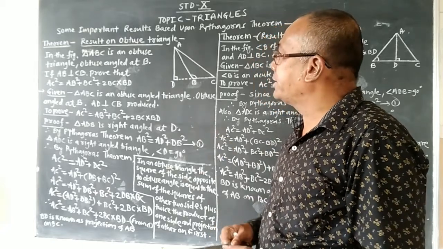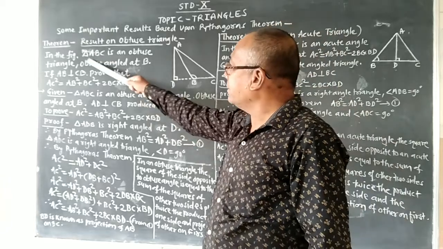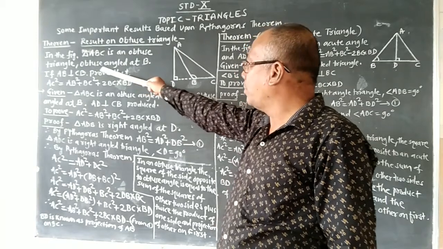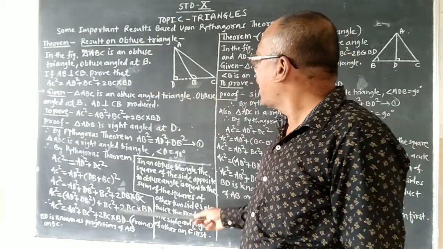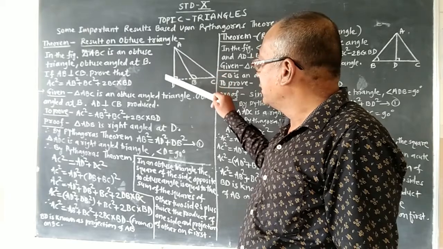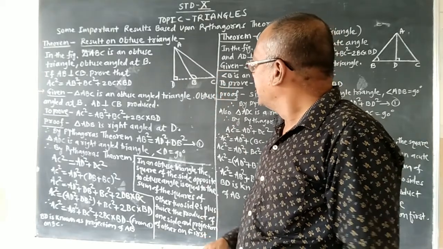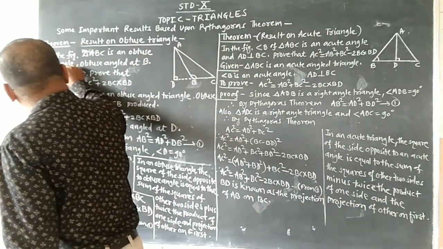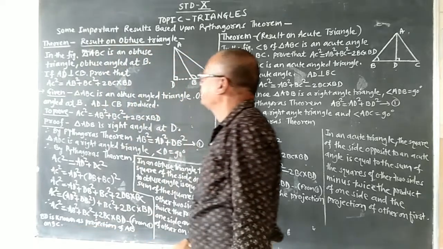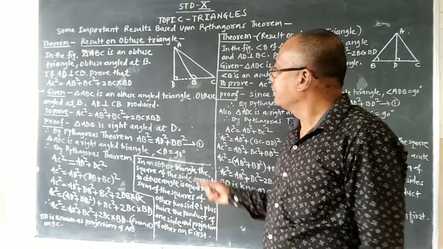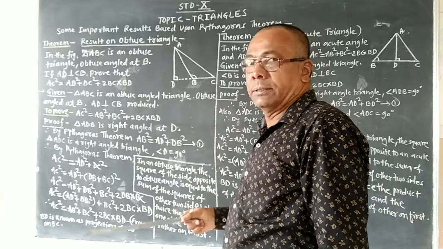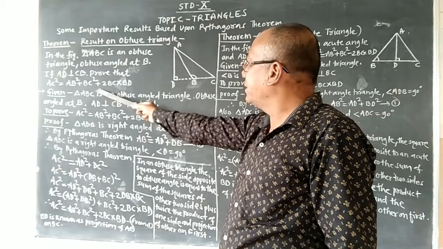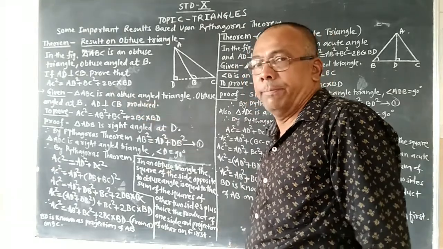This theorem states that in the figure, triangle ABC is an obtuse triangle, obtuse angled at B, and if AD is perpendicular to BC, then we have to prove that AC square is equal to AB square plus BC square plus 2 BC into BD.